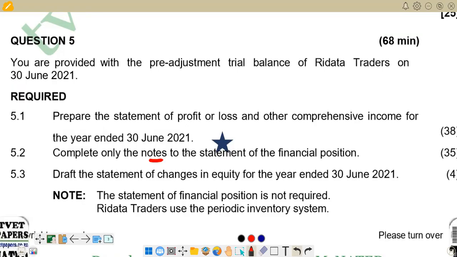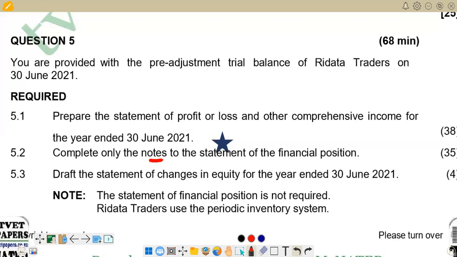And also you've got trade and other payables that need to be calculated. Remember, trade and other payables consists of the trade payables control figure that was given in the list of balances, and also accrued expenses are under that. And we also have prepayment of income, which also falls under trade and other payables.